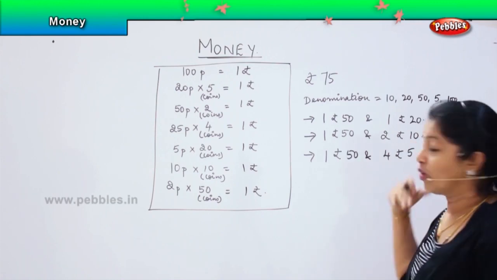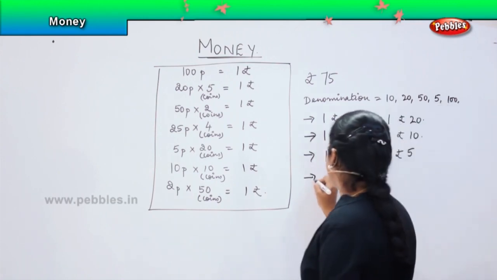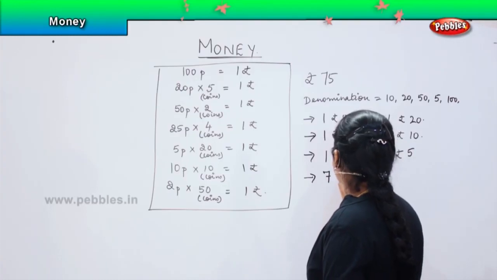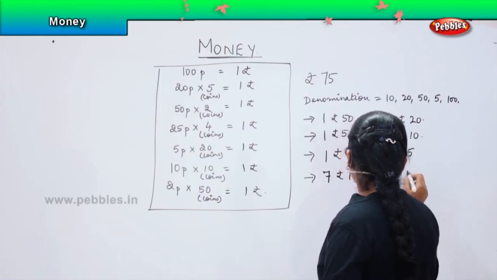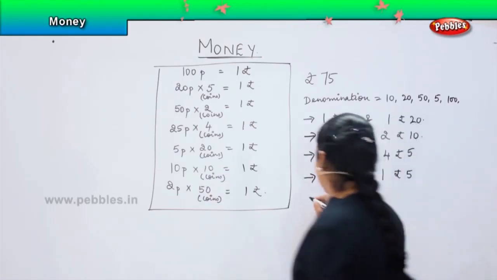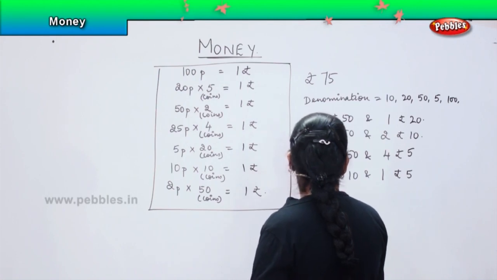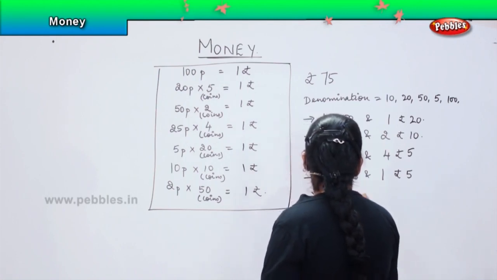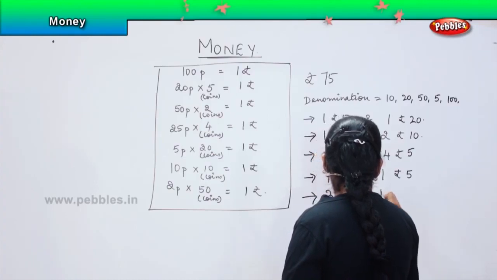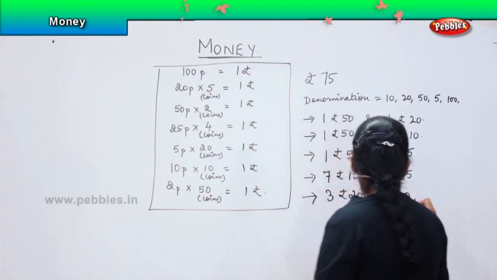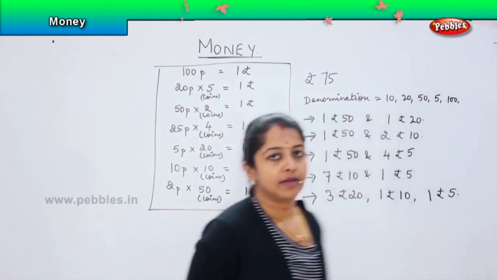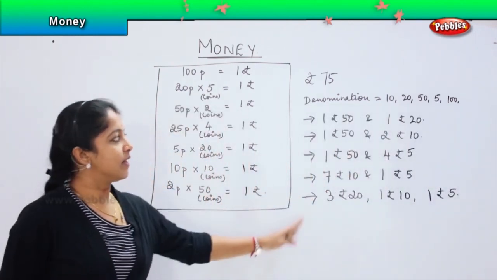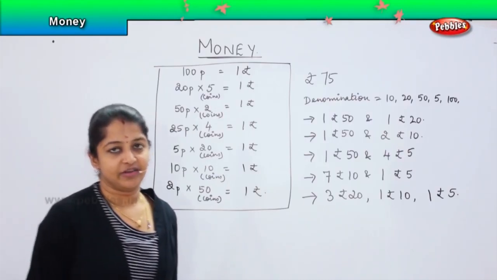Or if there is only 10 rupees with me, then I can give him 7 10 rupee and 1 5 rupee note. If I have 20 with me, then I will be giving him 3 20 rupee, 1 10 rupee and 1 5 rupee note. Yes. So these are the various ways in which I can give the denomination of 75.